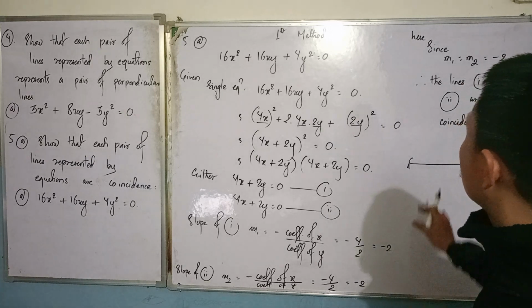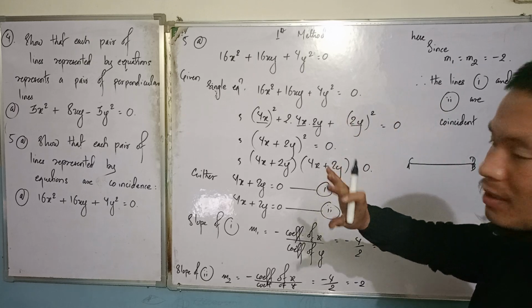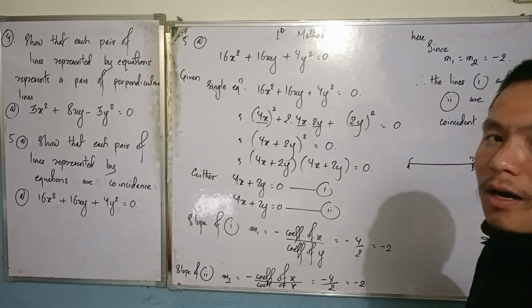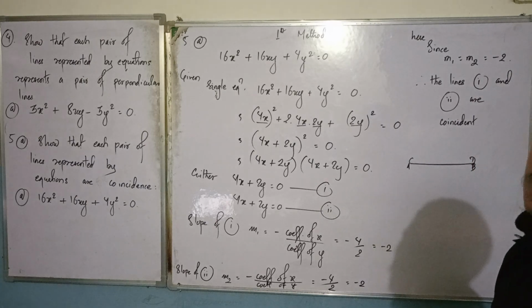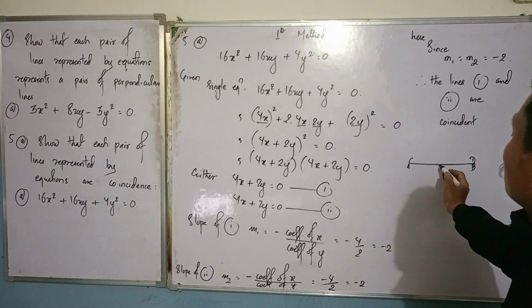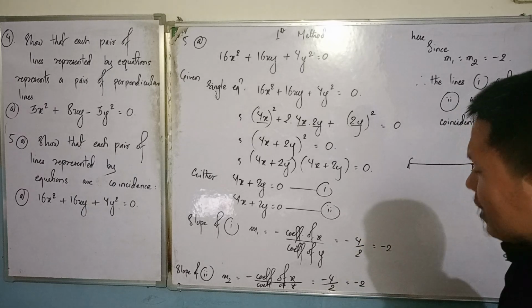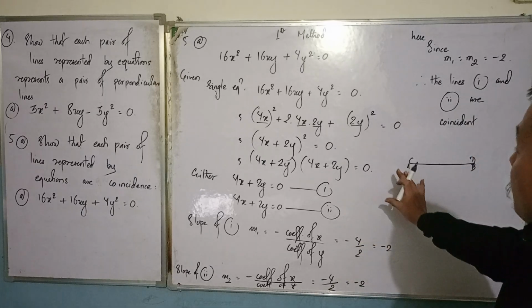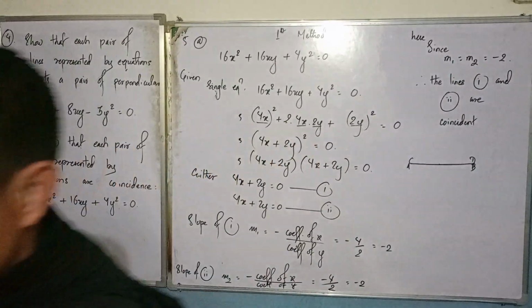Okay, so the condition for coincident and for parallelism are the same. The condition applied for both of them is the same, because the angle formed between parallel lines and coincident lines is the same, 0 degree. Okay, so this one is the first method. So I'd like to introduce another method, the easiest way.